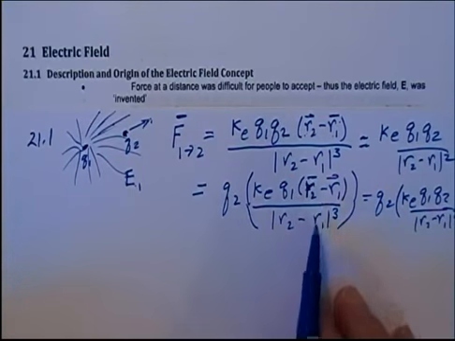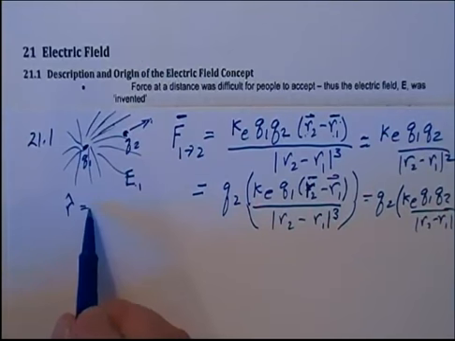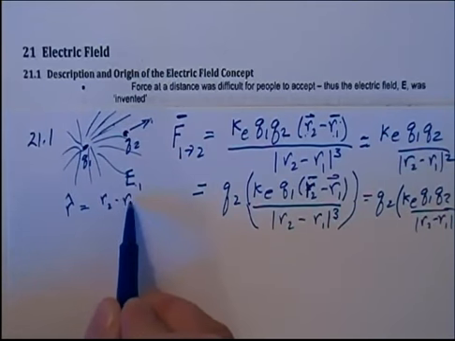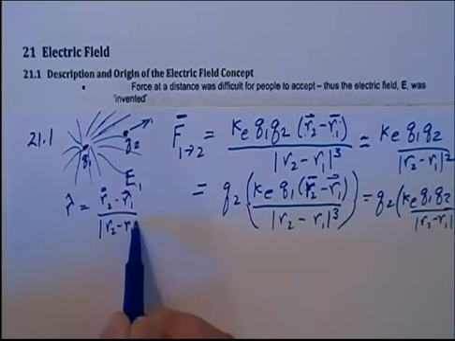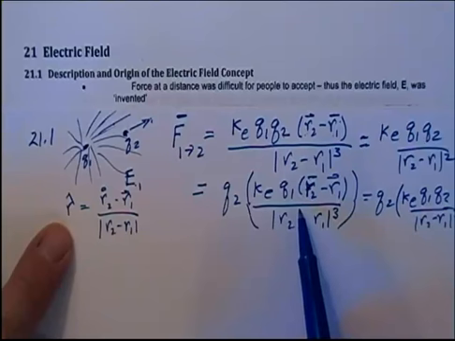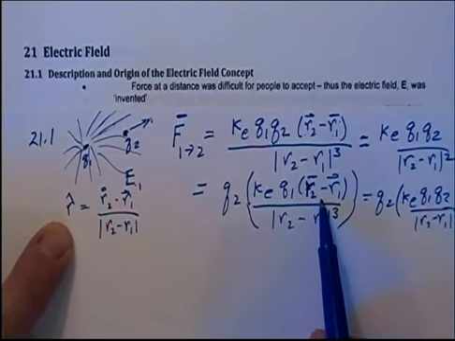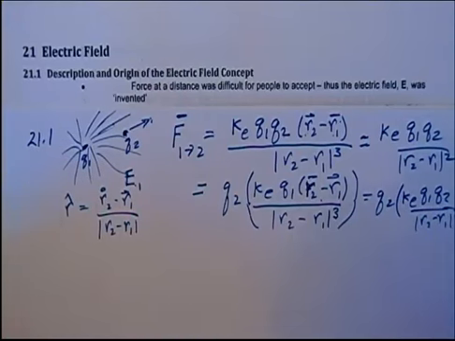And of course the difference is this unit vector, again like we had from the last module, R hat, which is R2 minus R1 as a vector divided by the magnitude of R2 minus R1. So all we've done here is we've multiplied by this unit vector in order to point the right direction. Here's a simpler form of that equation.